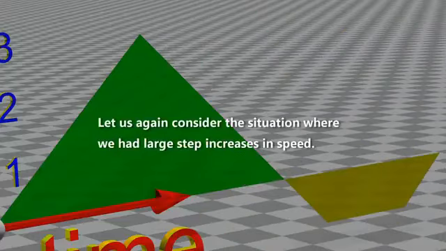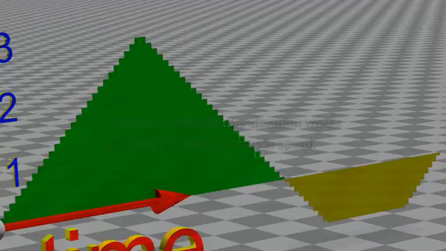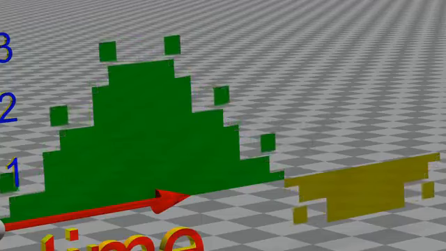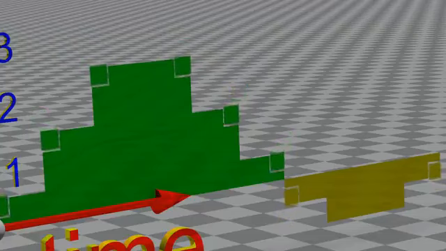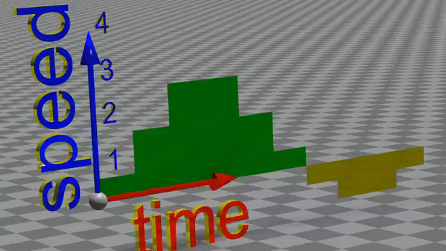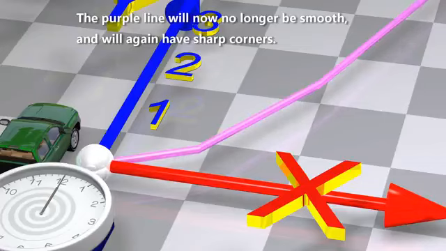Let us again consider the situation where we had large step increases in speed. The purple line will now no longer be smooth and will again have sharp corners.